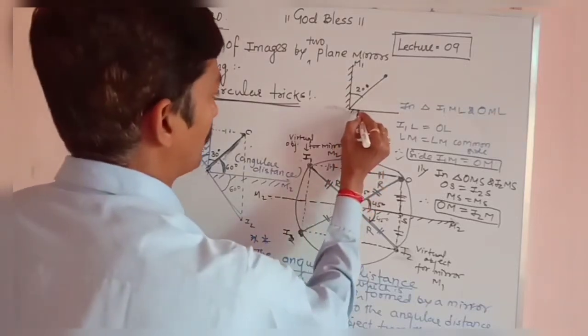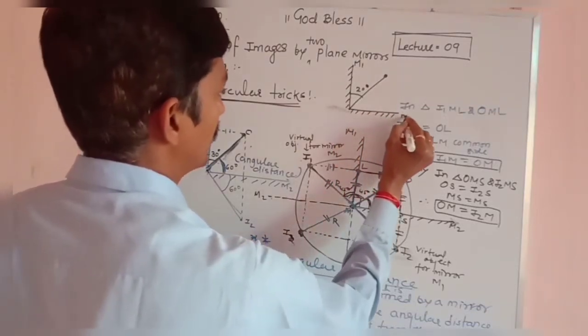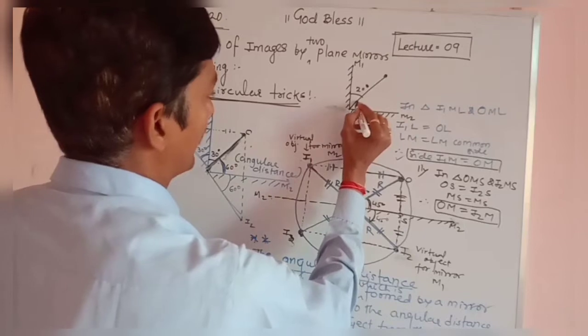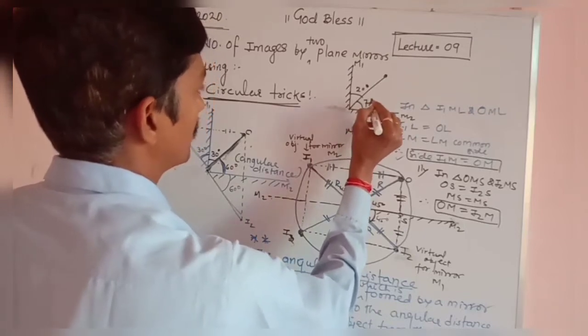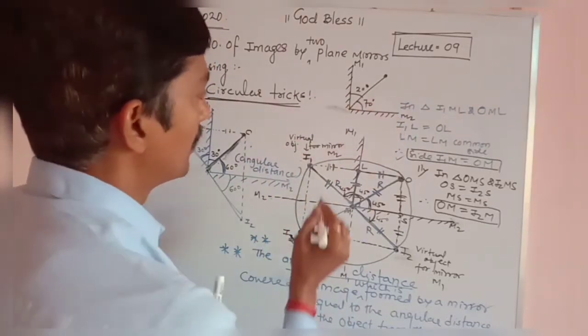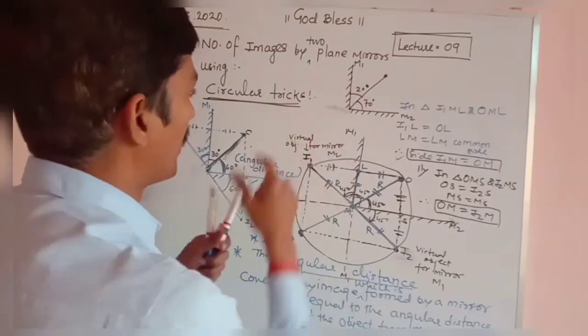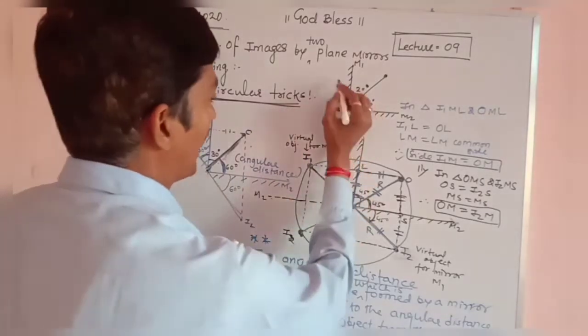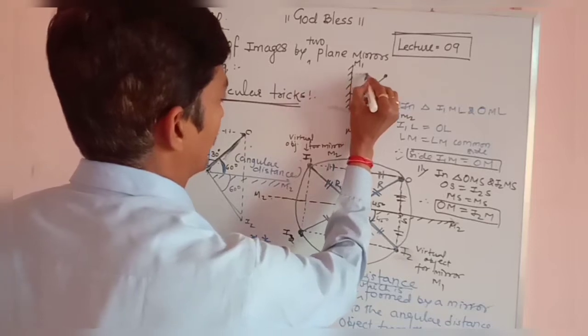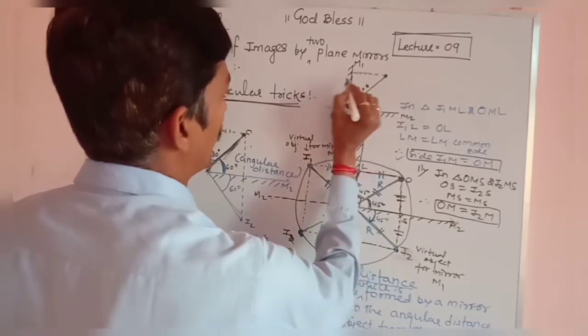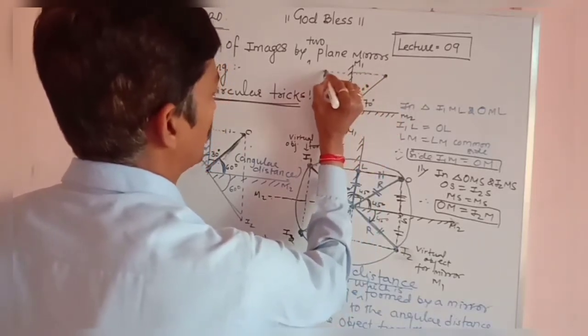And from mirror M2, say it is at 70 degree. Okay? So according to the circular trick, what will happen? The object is at this distance. From mirror M1, at an equal distance, I will get the image inside.